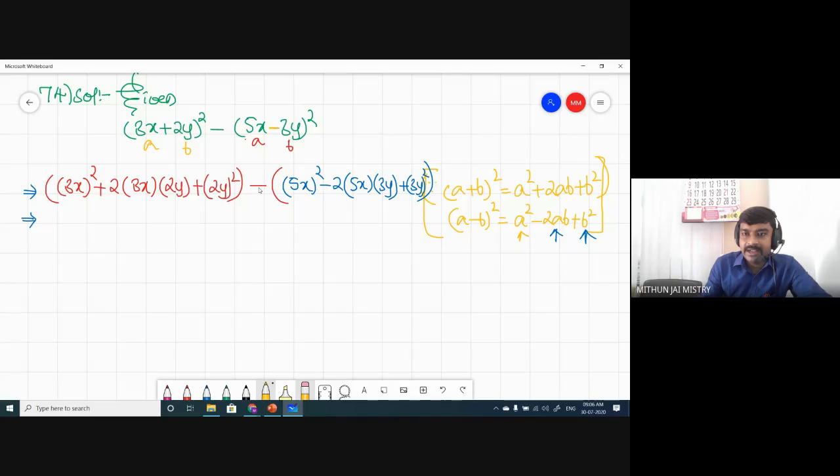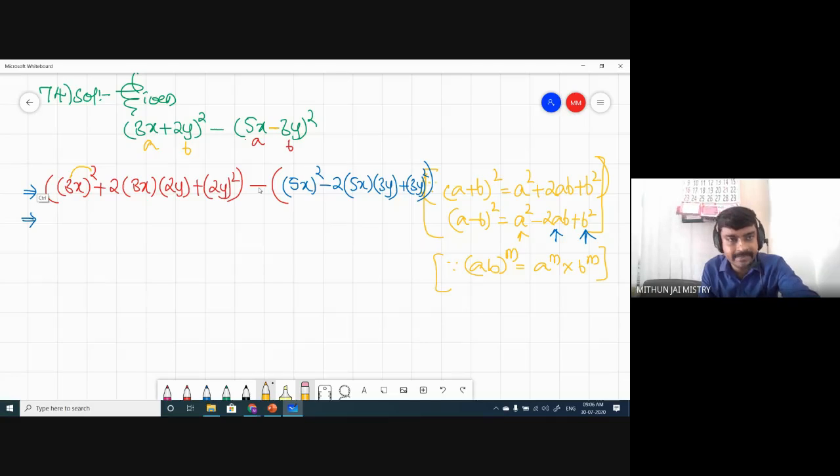Now one more formula. Every time we are applying a formula. That is, if we come across a into b whole power m, this power m should be given for both the terms inside. That is a power m into b power m. Means the square should be given for 3 also, for x also. We have done this many times. So 3 square is 9. Then x square will be x square.